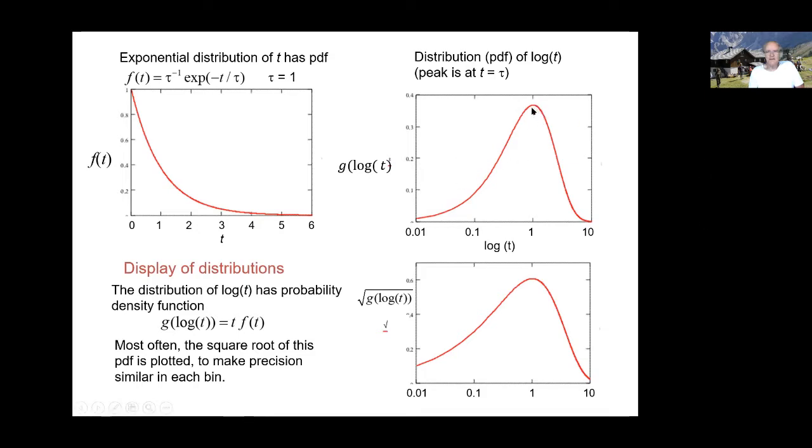It goes through a peak, and most conveniently the peak happens to be at the time constant for the distribution, tau. In fact, more often we plot the square root of that, which has the similar shape and also a peak at tau. Plotting the square root has the effect of making the precision similar in each bin of the histogram. That's why the square root comes in.